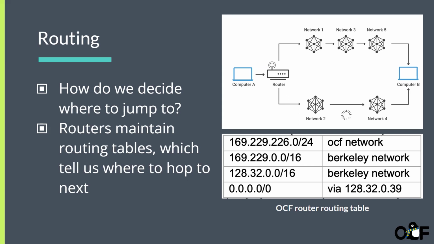Even in just the OCF lab, we have a lot of different devices. If one device is using an entire 1 gig outbound Ethernet connection, then other devices can't do anything.